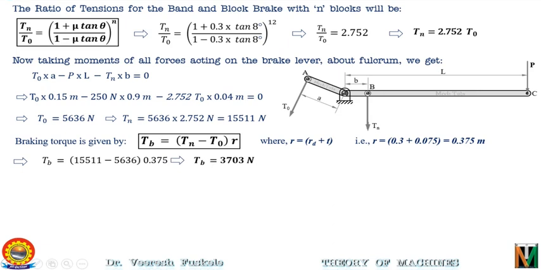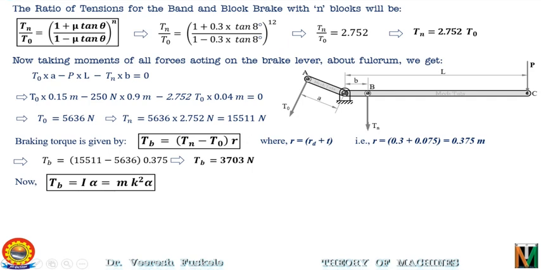Now further, we need to calculate the angular retardation, as we know that the braking torque is given as Tb is equal to I into alpha, where I is the moment of inertia and alpha is the angular retardation, and this is equal to m k square into alpha, as moment of inertia is equal to mass into square of the radius of gyration.